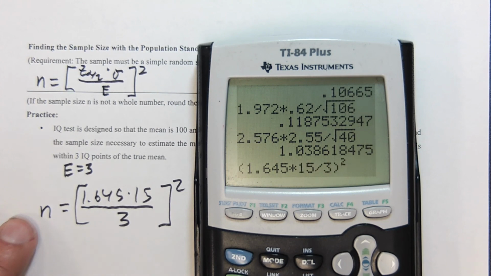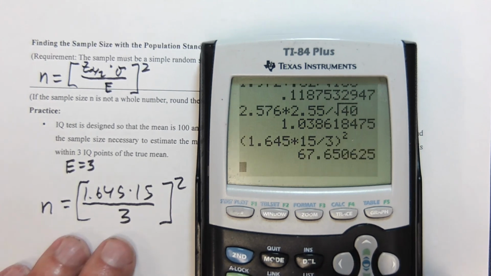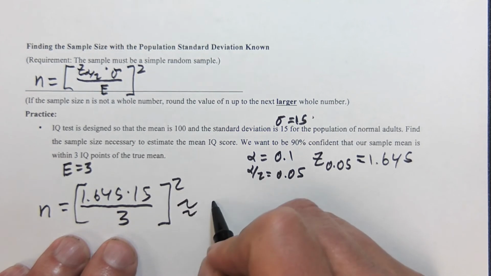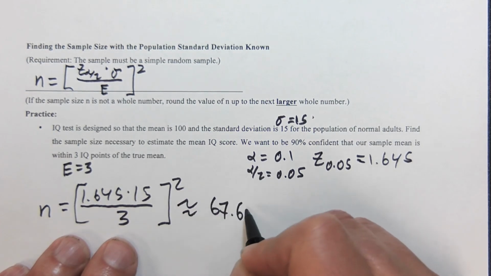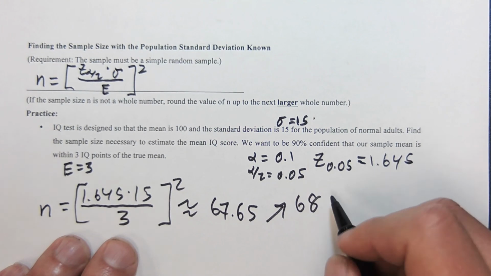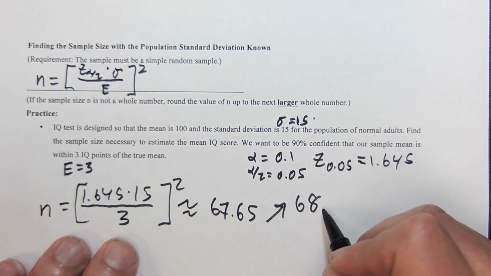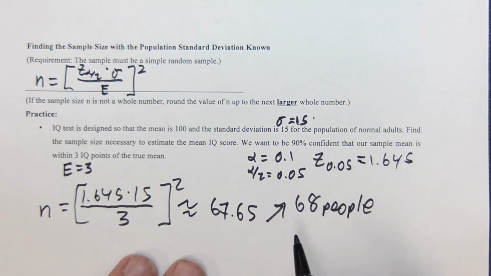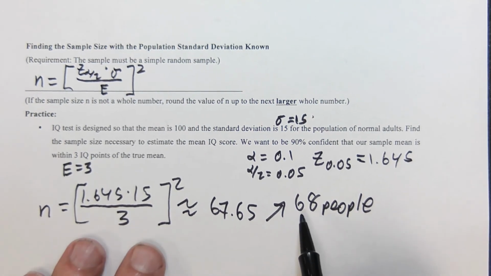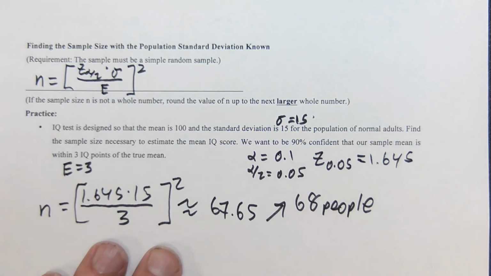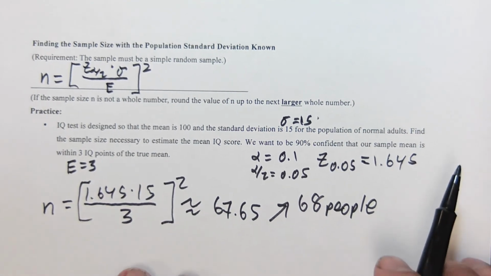So what's the minimum number of people? 67.65, and once again we round up to 68 people. So this is the minimum number of people that we need to give us 90% confidence that our sample mean is within 3 error points, IQ points, from the true mean.